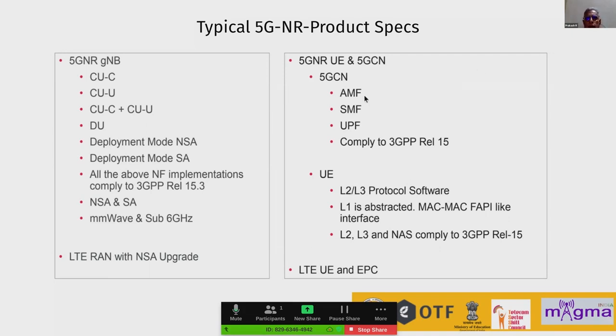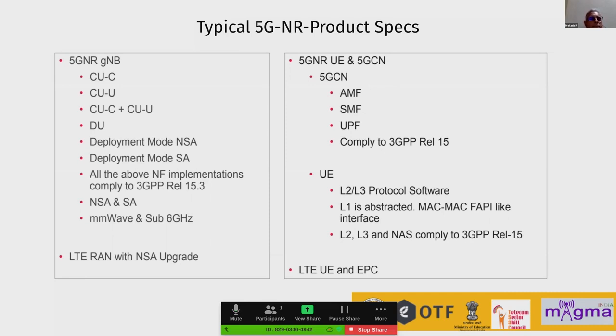If you look at the core, the UE talks through the core. If it is a new 5G core network, then you have access management, session management, and user plane function, and they comply with at least the minimum 3GPP release 15. And then you also have the 4G core, which is already available as EPC.